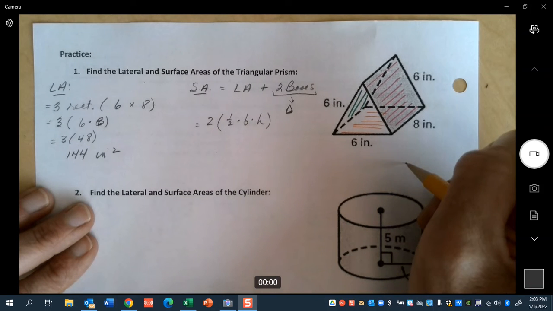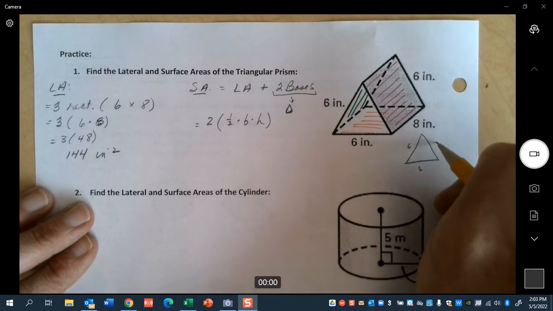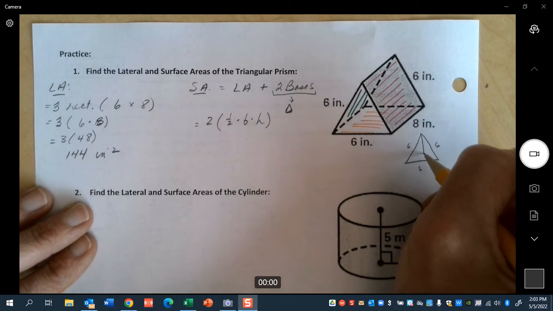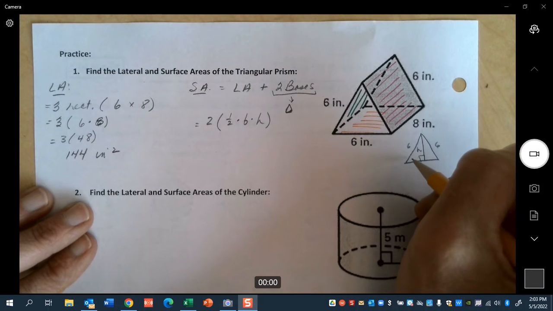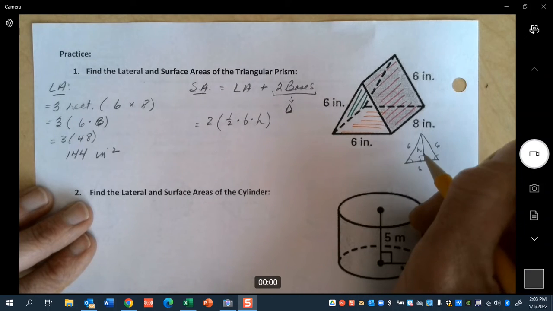If I were to look at each of these triangles, I know that they are 6 by 6 by 6 inches. If I were to figure out the area of this triangle, I could find the height. And when I do that, I take this equilateral triangle and I recognize, oh, it's one of my special right triangles.